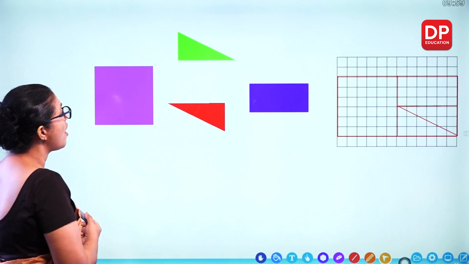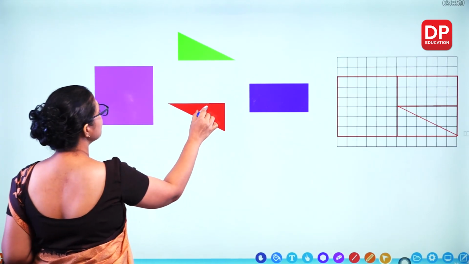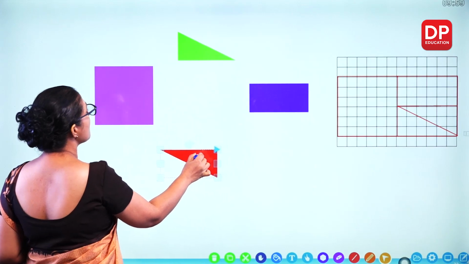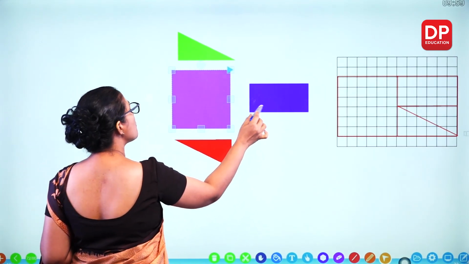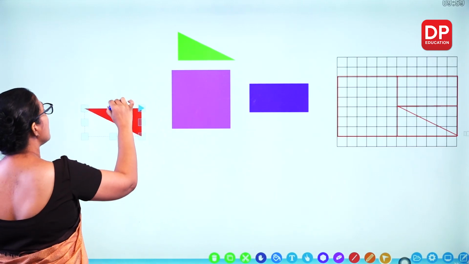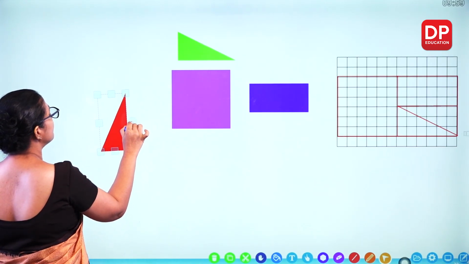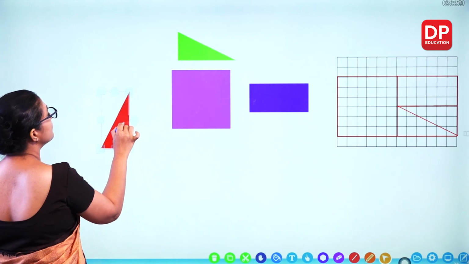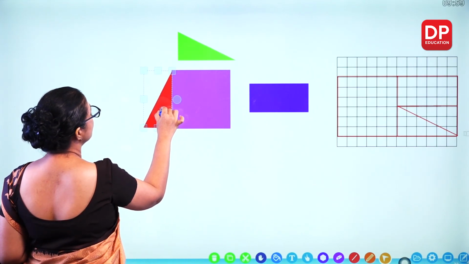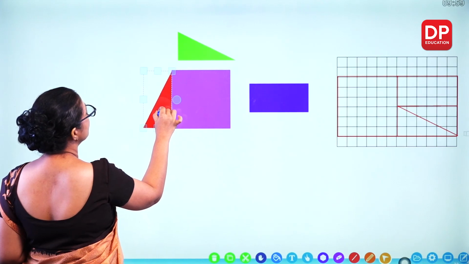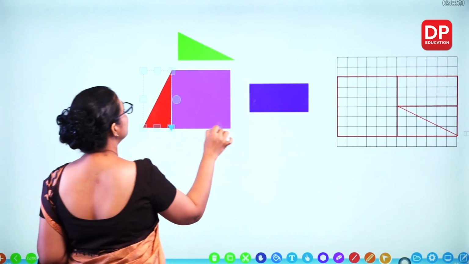Another one. So you are asked to create several shapes. What can you do? So we can take this one and I'll rotate this. I'll keep it here.